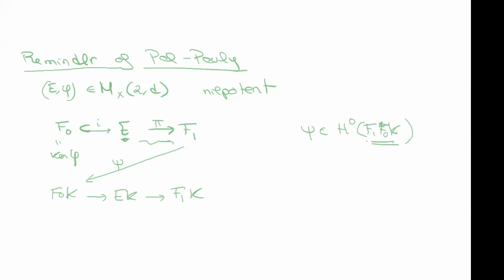All right, so what we are saying is that we're taking extensions of F1 by F0, but we have an extra condition on these two line bundles, namely that F1 F0^{-1} K has a section. So it's equal to O of some divisor. So the invariant we will consider is the degree of this divisor, which is determined, of course, by the degrees of F0 and F1.